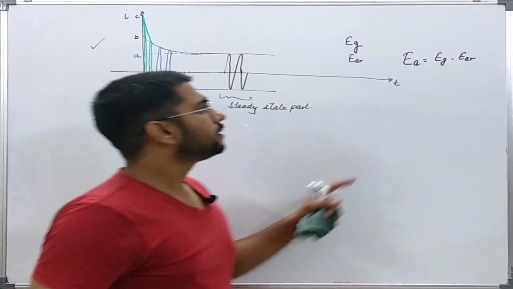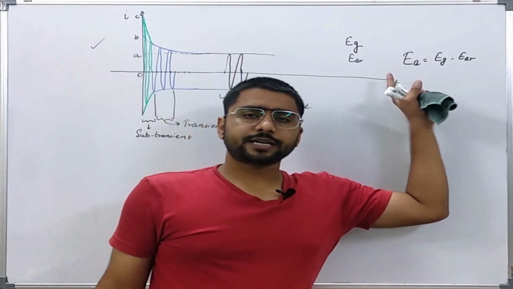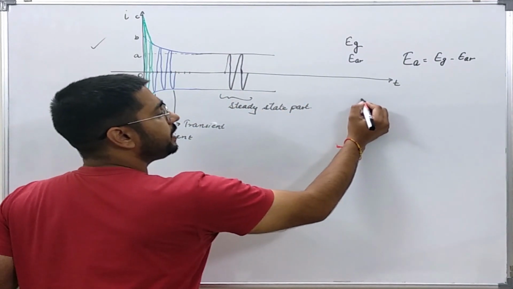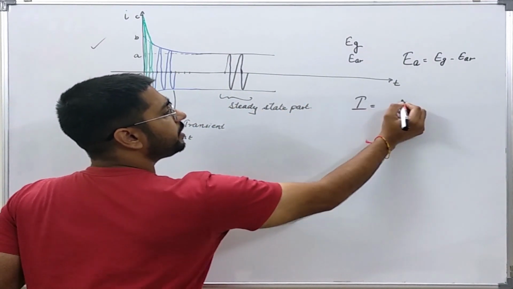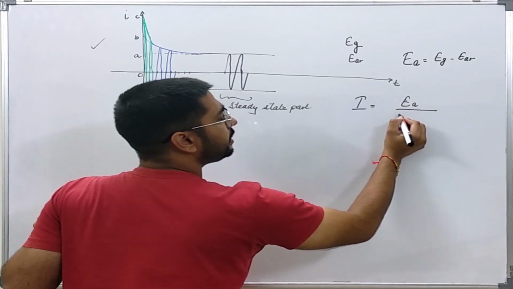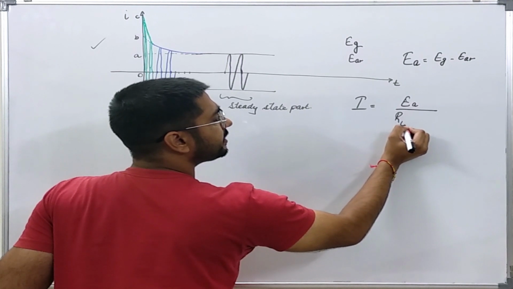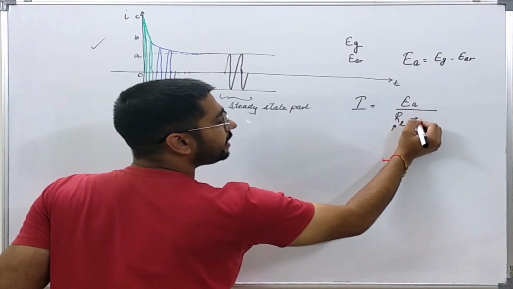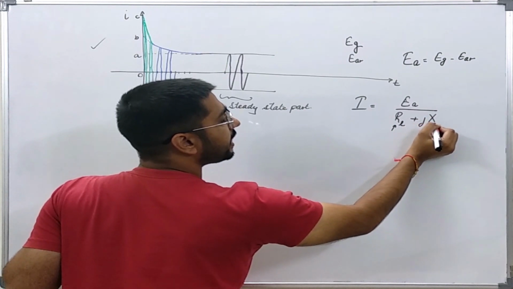Okay, now the steady state current will be simply EA over the leakage resistance, the armature winding resistance and the leakage reactance.